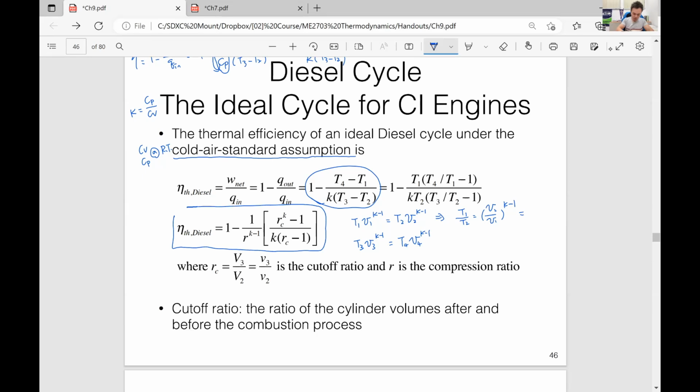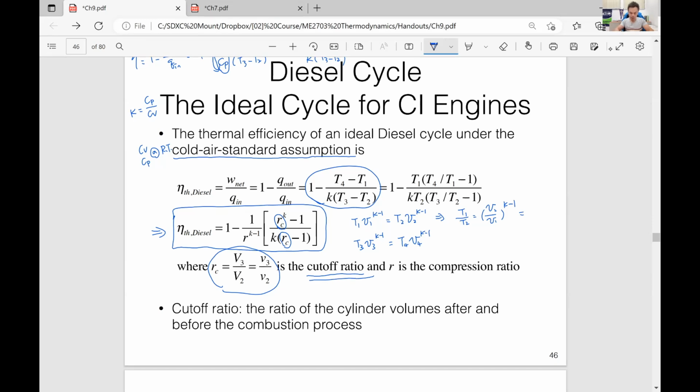I will skip some processes and jump to the conclusion. The thermal efficiency can be written in terms of compression ratio and specific heat ratio, as well as a new ratio rc here. rc is defined by V3 over V2, which is called the cutoff ratio.